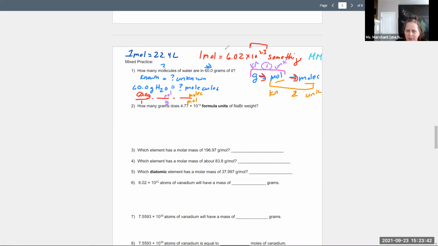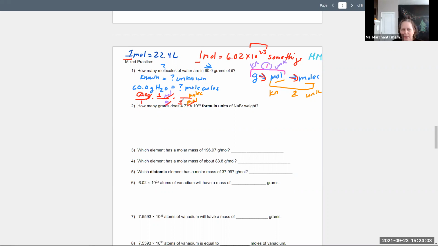Now that we have that set up, you can notice that we can cancel grams on the top, grams on the bottom, moles on the top, moles on the bottom. What else have you noticed? Moles for module 4 is always 1. Anytime you see moles, unless it's the known or unknown, in a conversion, it's 1.